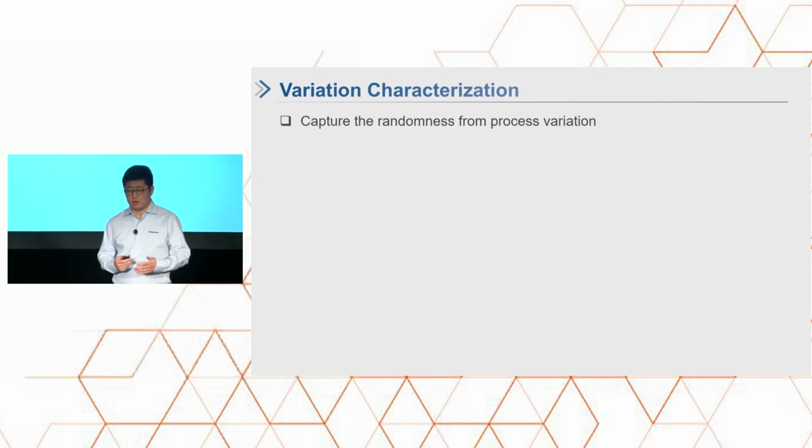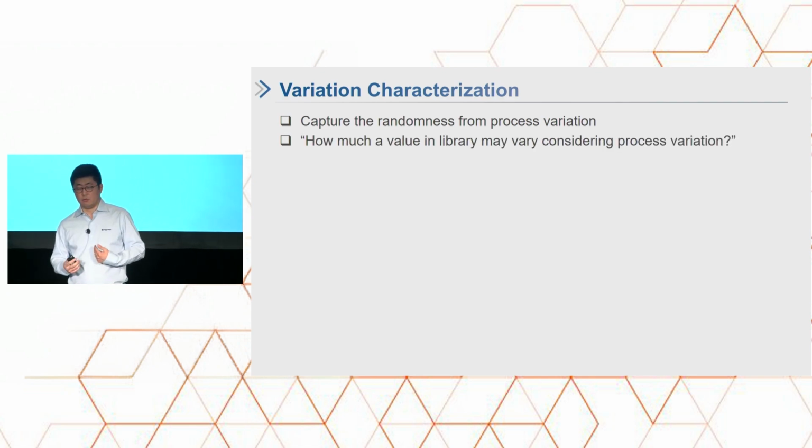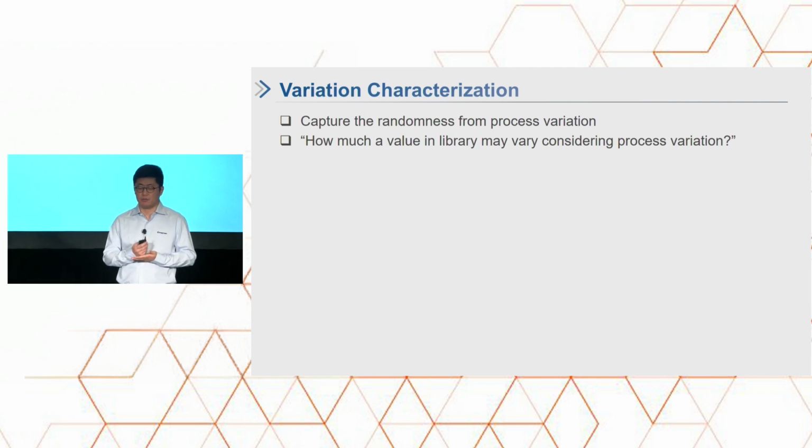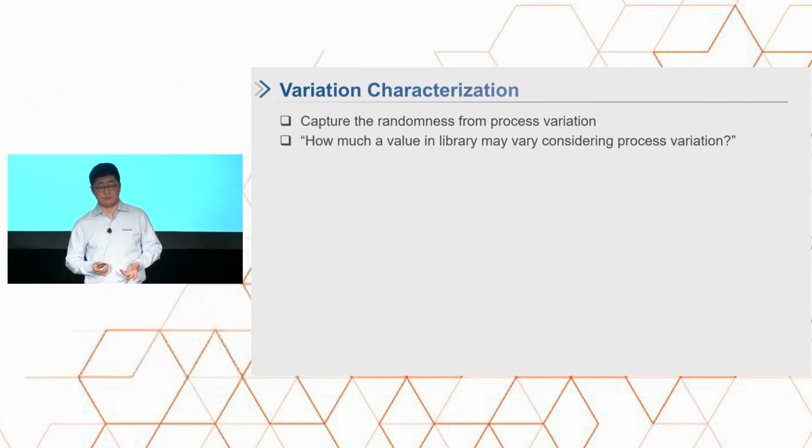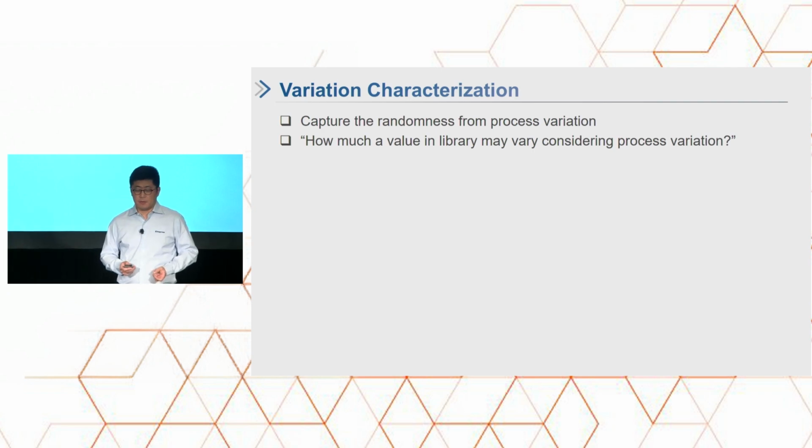And this is not avoidable. So we want to somehow capture this effect in our Liberty model, in our library. So basically, we're trying to answer a question: how much may a value in the library vary considering process variation, right?